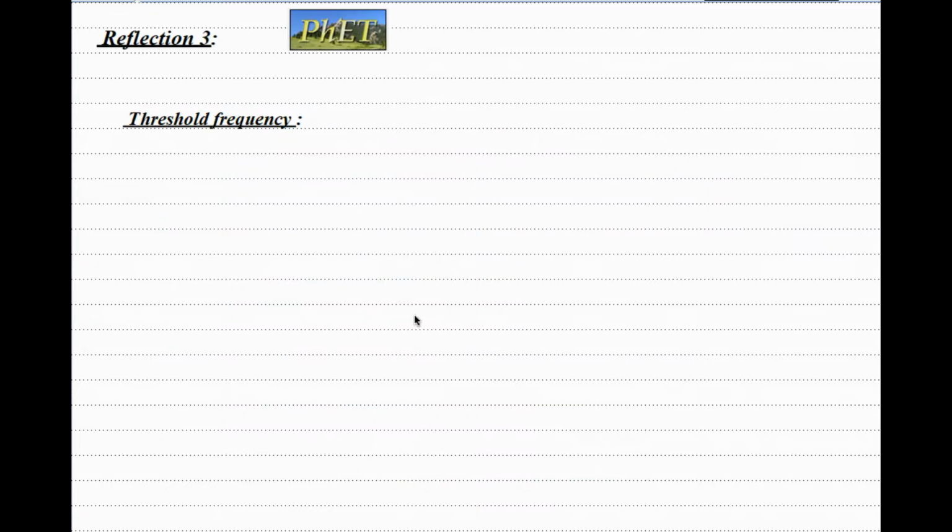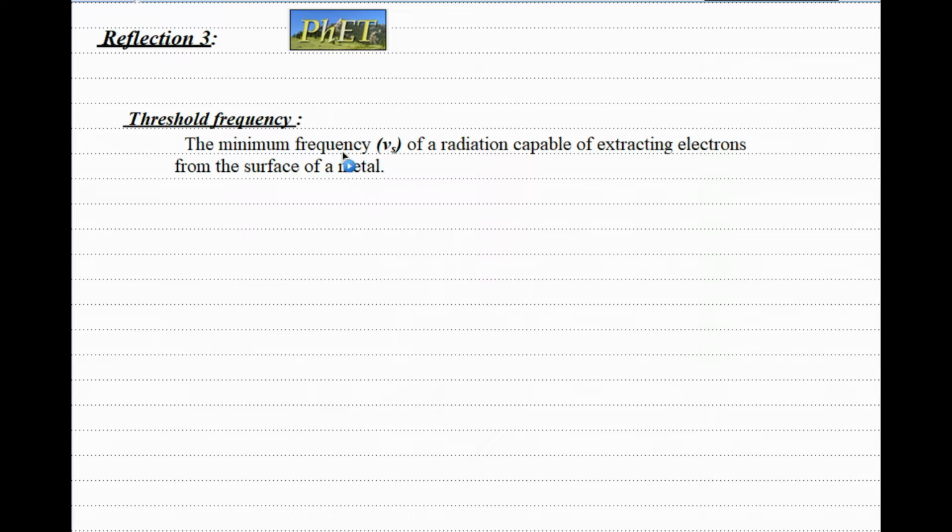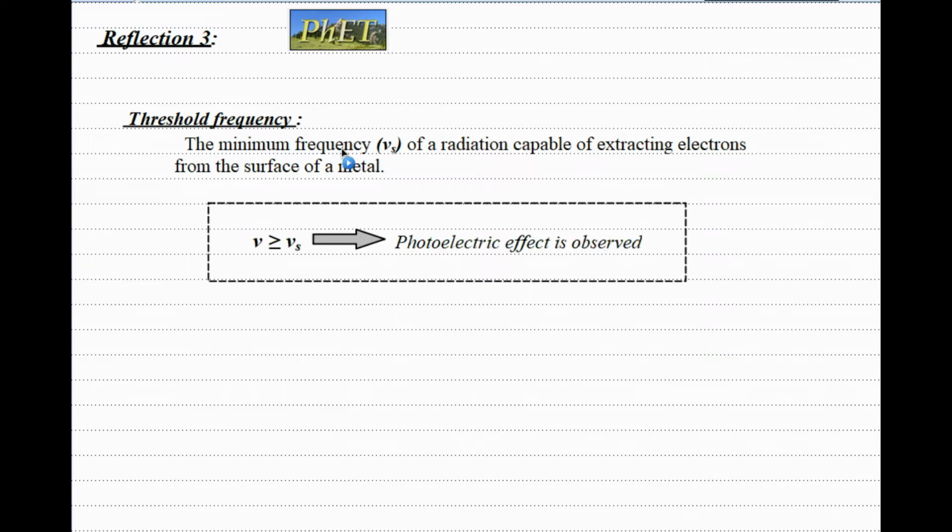Threshold frequency. What does threshold frequency mean? Again, it's also a boundary, but it is a boundary inverse to the boundary set by wavelength. It's the minimum frequency capable of extracting electrons from the surface of a metal. When frequency is greater than threshold frequency, photoelectric effect is observed.